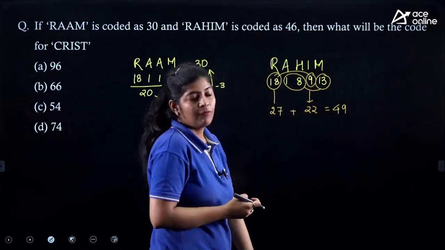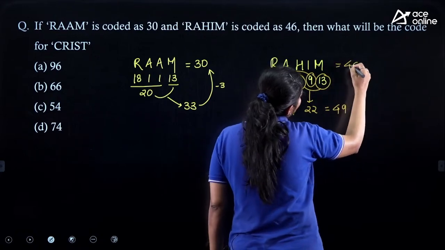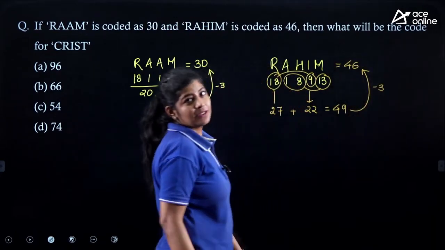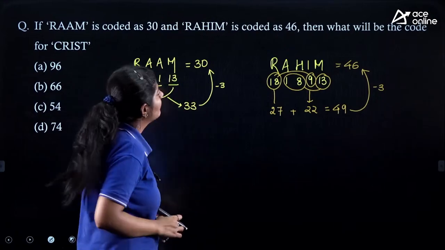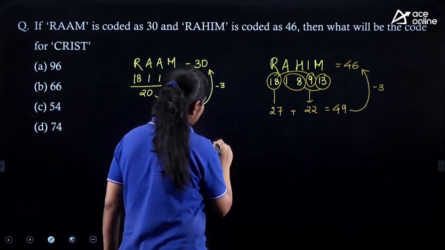And here the number is given as 46, which is nothing but a subtraction of 3. That means the logic which is applied with both the given clues is the same. So we need to apply the same logic with the word Christ.